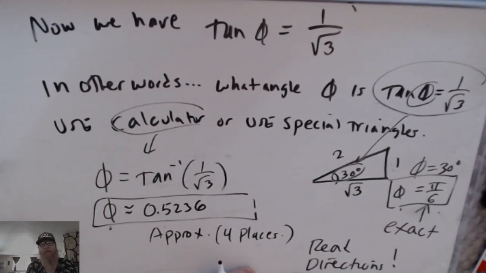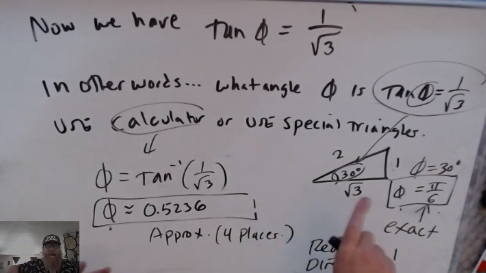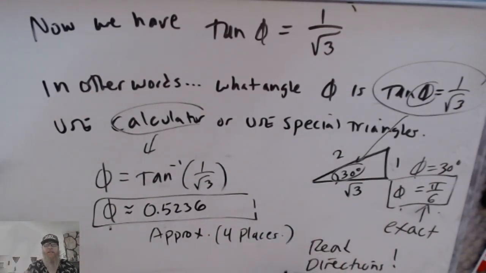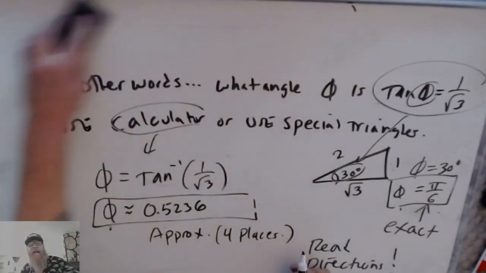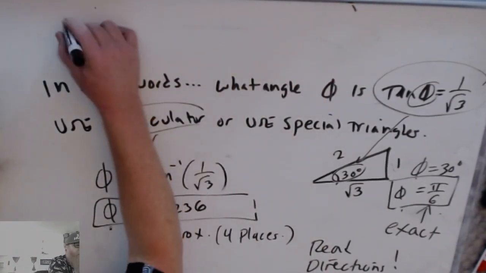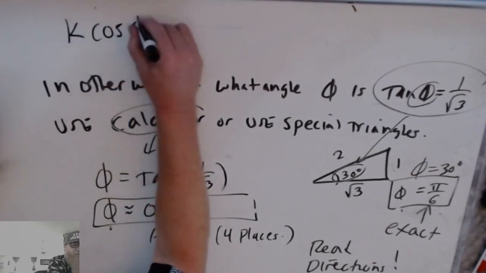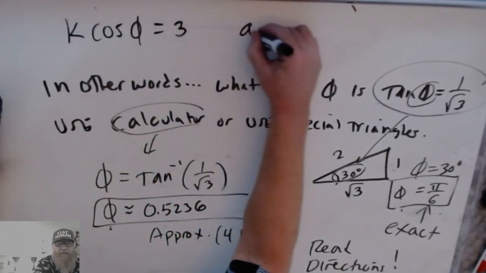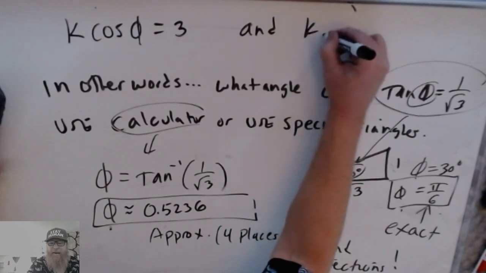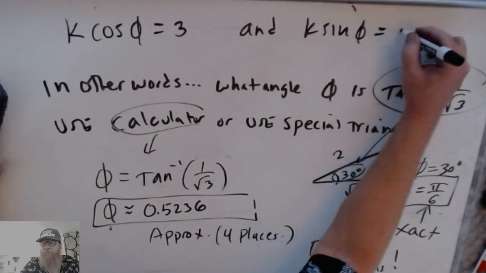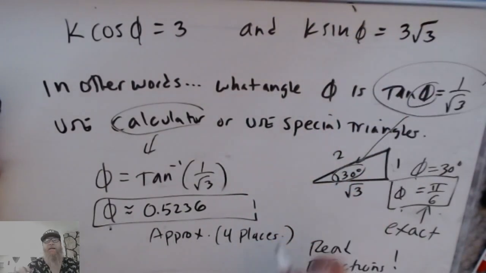Okay? So we've got our phi. Now we got to figure out what k is. Notice that k canceled out, so it's not very easy to find k anymore. But we do have that k cosine phi was equal to 3, and k sine phi was equal to 3 root 3.